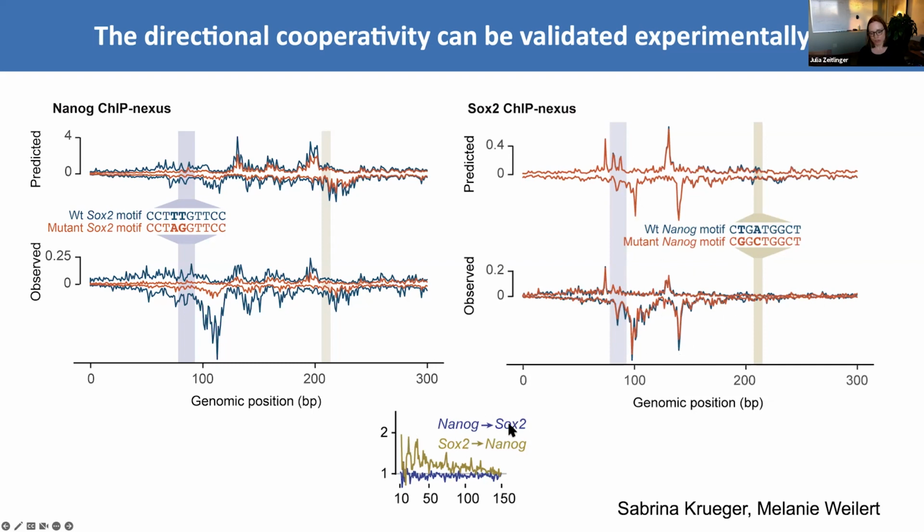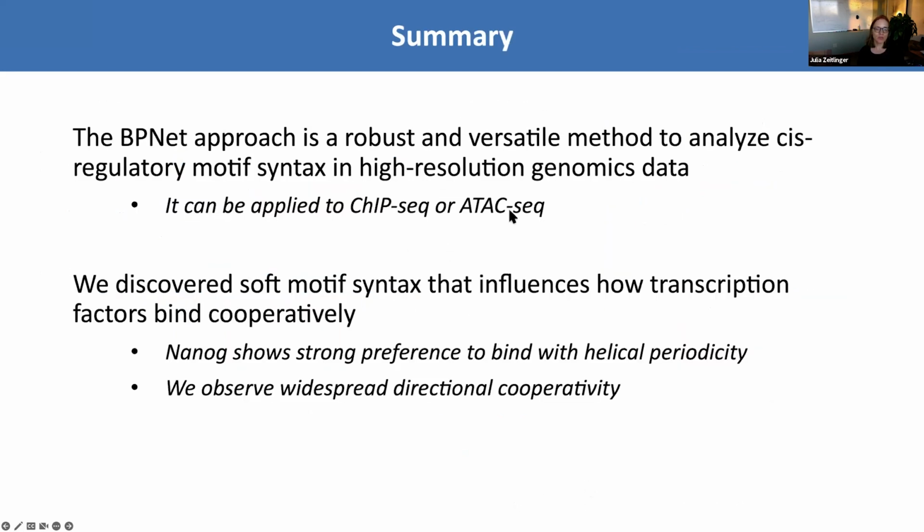So this shows the directional cooperativity between Nanog and SOX2. And I hope you can also appreciate there is a sort of long distance effect between Nanog and SOX2. Okay, so we showed really that this deep learning approach is very powerful in learning the cis-regulatory rules, including syntax rules, and it's leveraging the high resolution of genomics data.